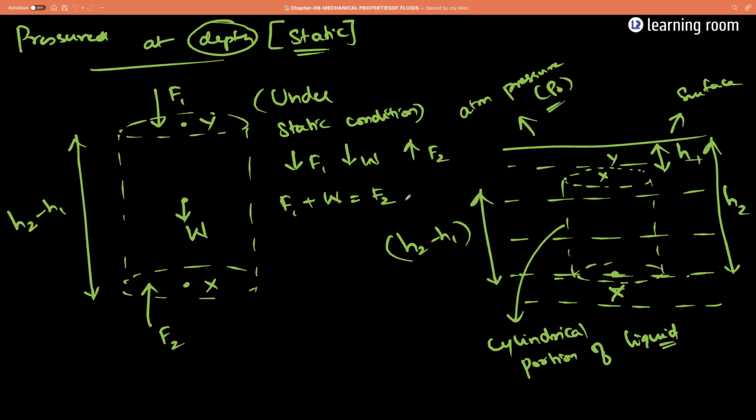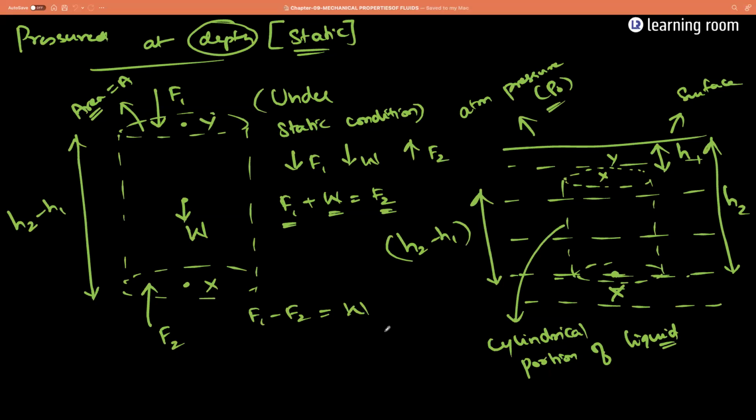Now, if I take the area of the top surface as A, then the area of the bottom surface will also be A. Since F1 plus W is equal to F2, can I write F1 minus F2 is equal to W?